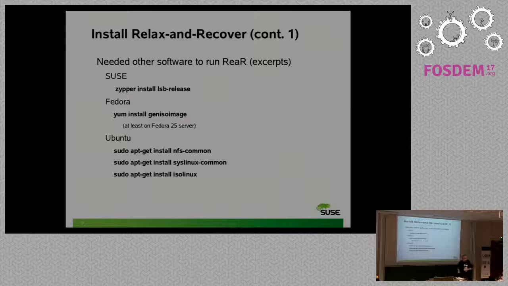On Fedora 25 workstation, it was there. On Ubuntu, I was unable to connect to the NFS share, so I needed to install some NFS related packages. On Ubuntu I was unable to create the ReaR recovery system because syslinux was missing and isolinux was missing.